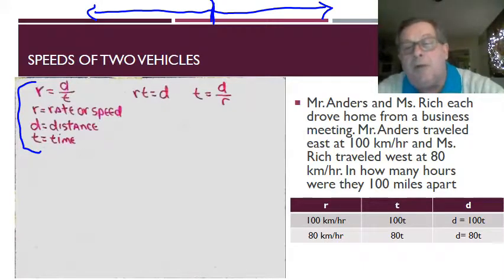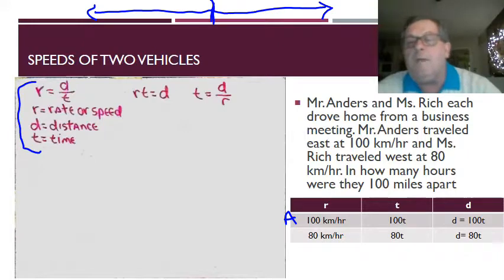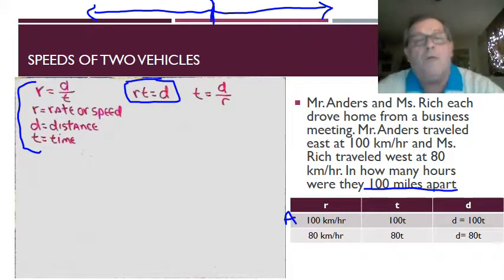So here we got Mr. Anders, and I'm going to label this A. And he's traveling at 100 kilometers per hour. Now, we don't know exactly how much time he went, but what we're eventually going to be asked to solve is this distance. And so I'm looking now at this formula right here: rate times time equals distance.